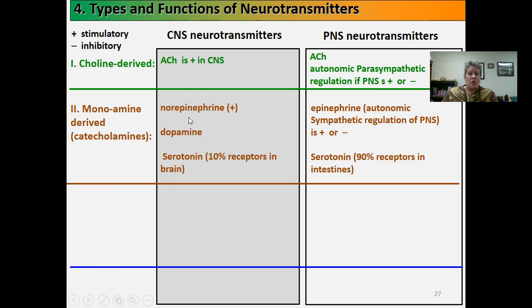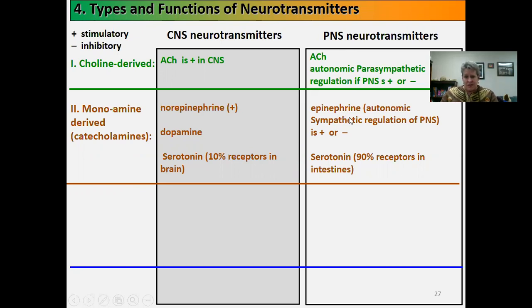I'm just going to talk more about what these neurotransmitters do and why they're important, especially when there are abnormal levels of them. Some of the most common psychological, pharmacological drugs administered to people have to do with dopamine or serotonin disorders.